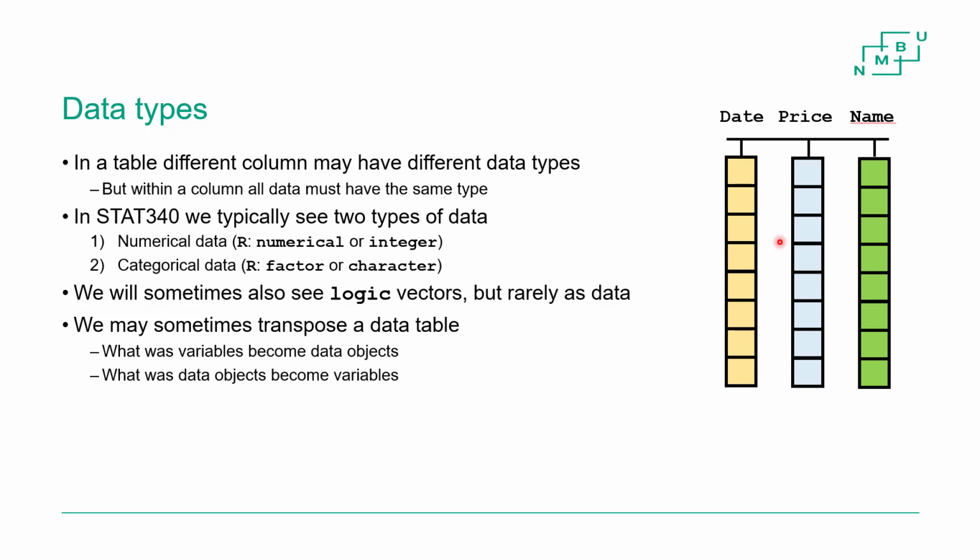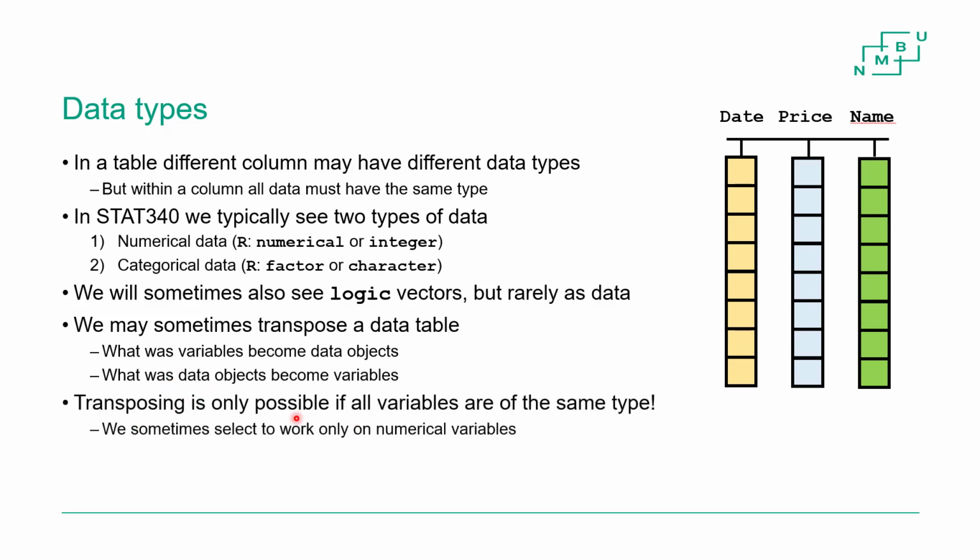That is not in general possible in R, but it is possible if all the columns are the same type. Only possible if all the variables are the same type. So if all the columns are numerical, for instance, numbers all over the place, then you can transpose, because then in the transposed version, still all the data in the same column is of the same type.